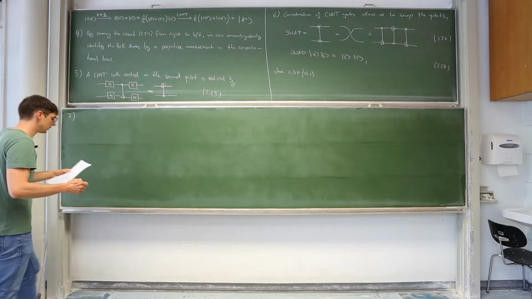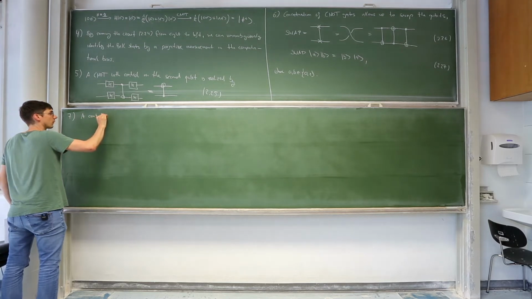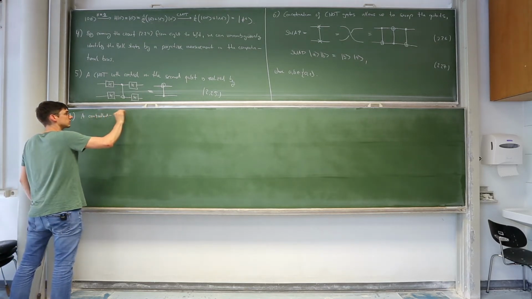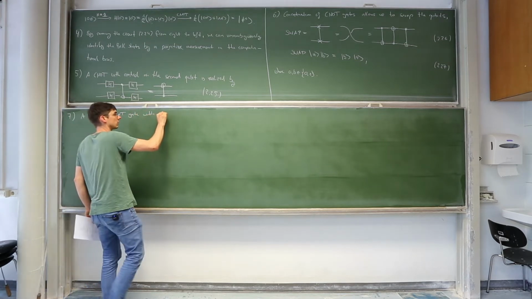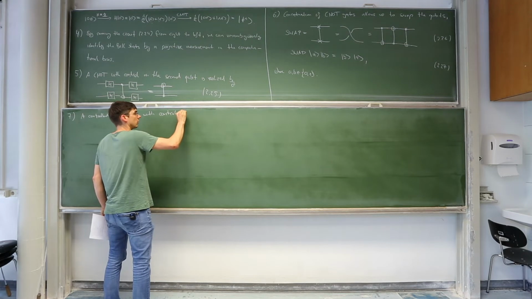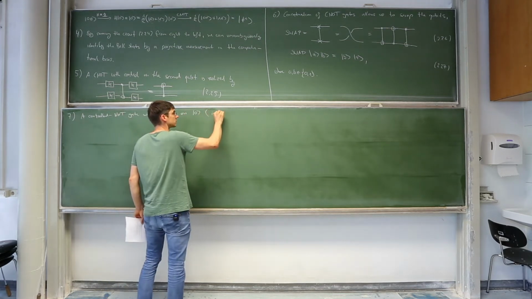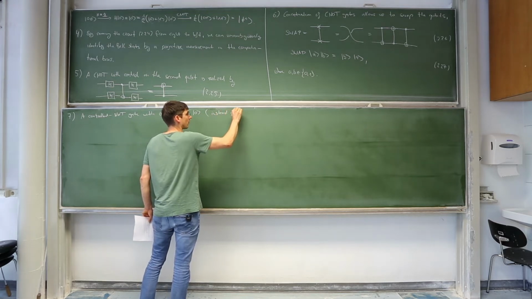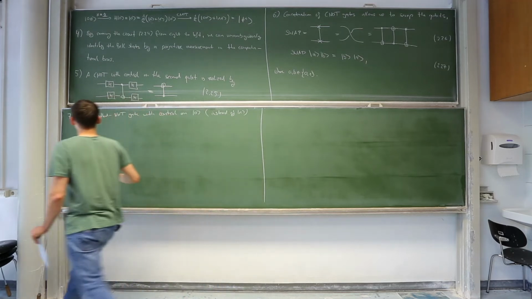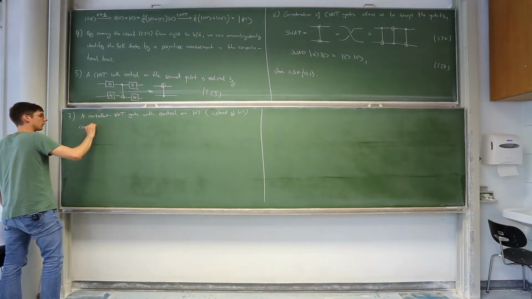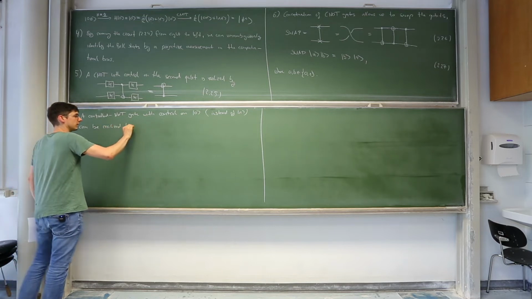Okay, so a controlled NOT gate with control on the state 0 instead of 1 can be realized by the following circuit.